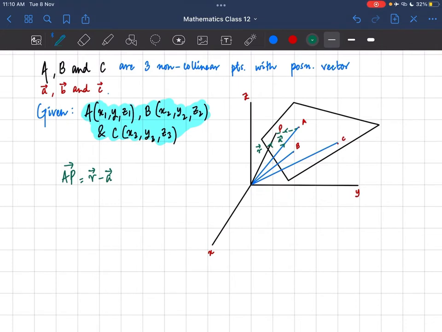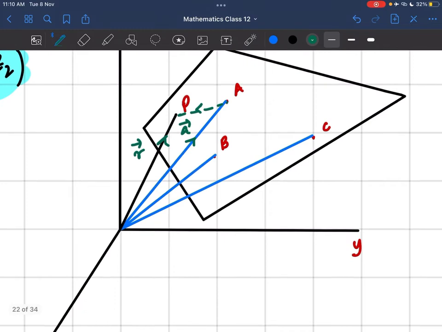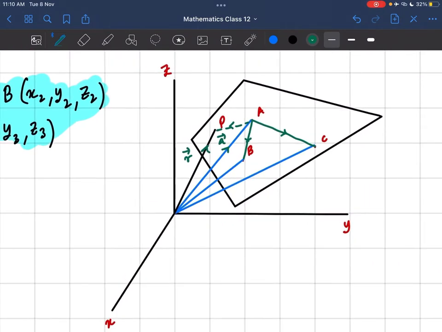For that, with the remaining 2 points, I will join A and B, and you get an AB vector. Then I will join A and C, and you get an AC vector. Both of these vectors AB and AC also lie on the same plane.